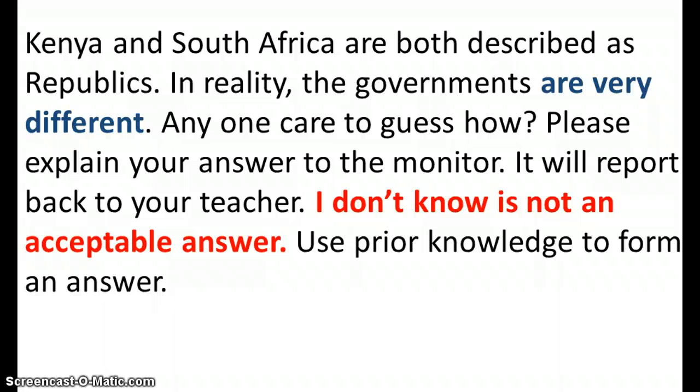Kenya and South Africa are both described as republics. Remember, a republic is where the people elect their representatives. In reality, the governments are very different. Anyone care to guess how? Please explain your answer to the monitor. It will report back to your teacher. I don't know is not an acceptable answer.